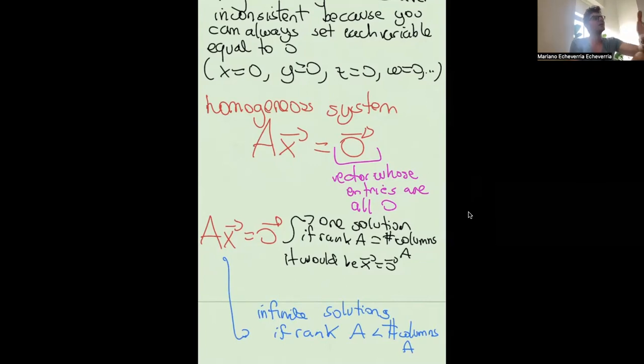Solving these is easier because when you solve a homogeneous system, you don't even need to keep track of the stuff after the vertical line, because you'll always get zeros there. I was just bringing this up as a useful case because it always has a solution.